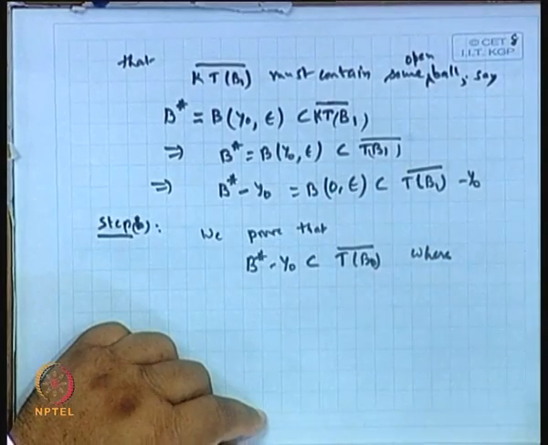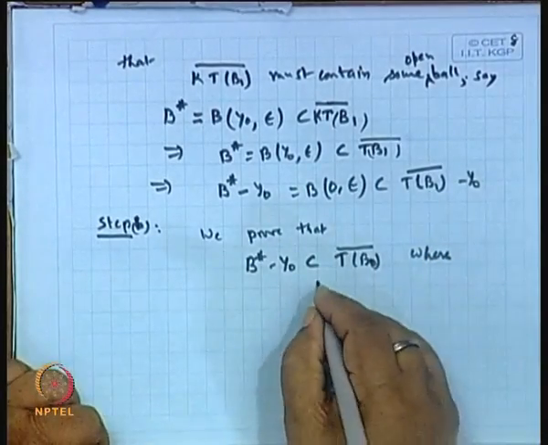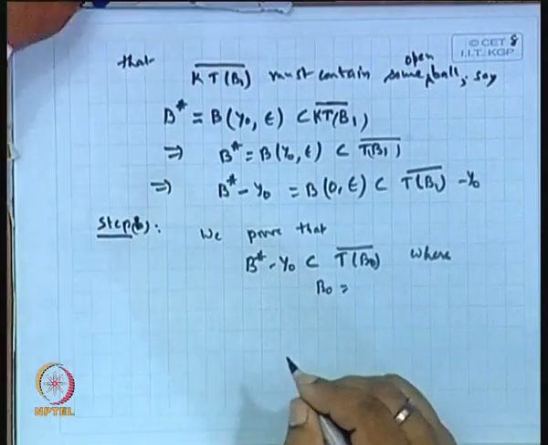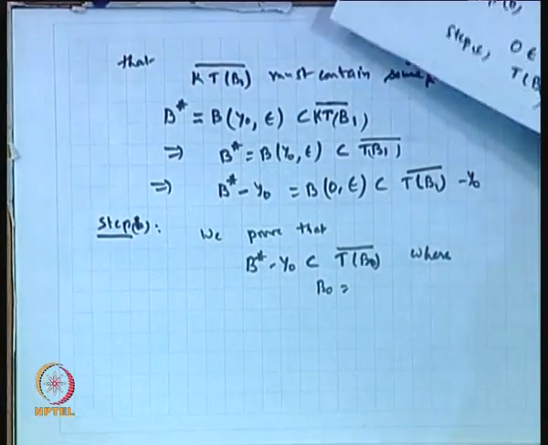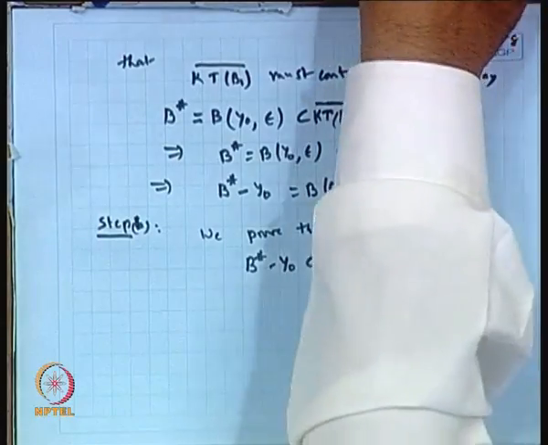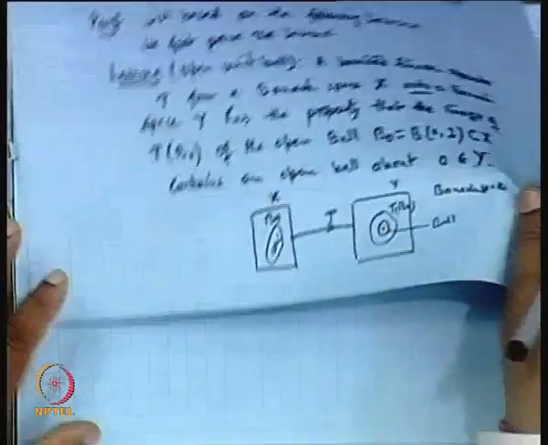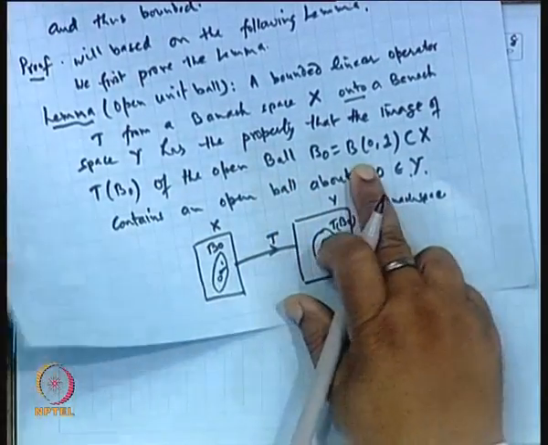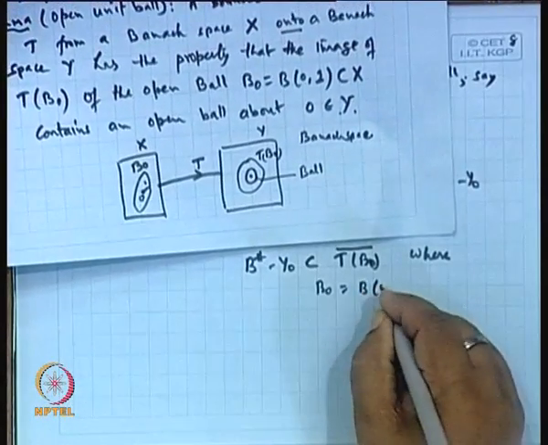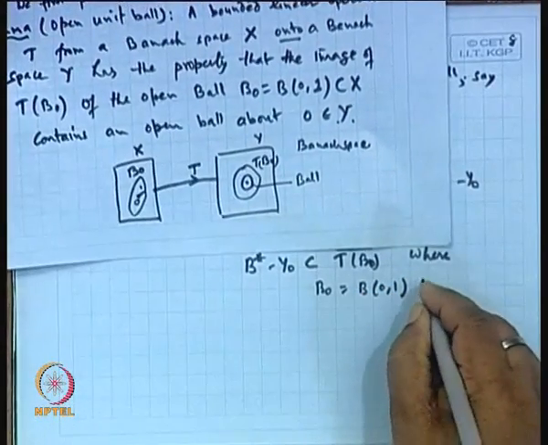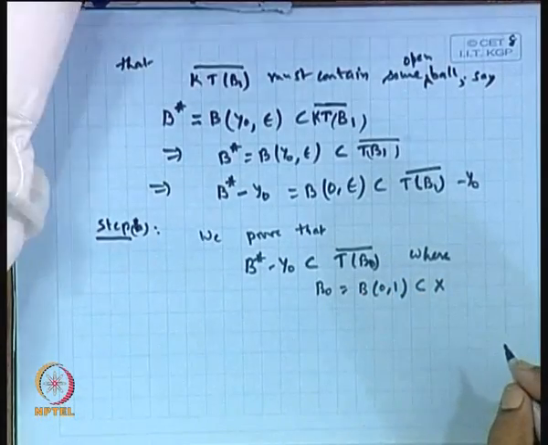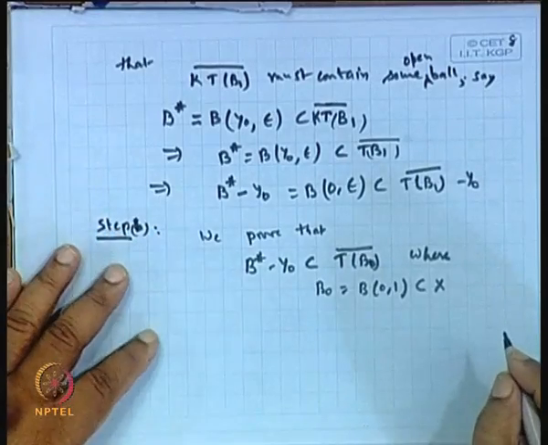Where B naught is given in this theorem: it is the open ball B naught centered at 0 with radius 1, contained in X. This is our V naught. So this is what we are showing.